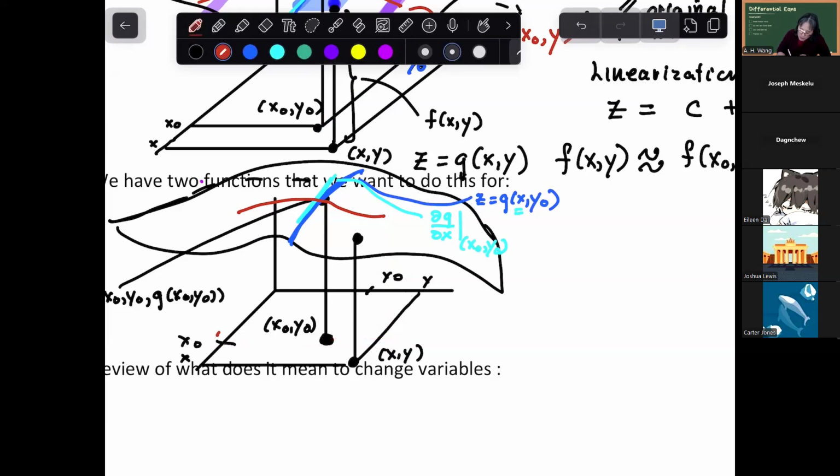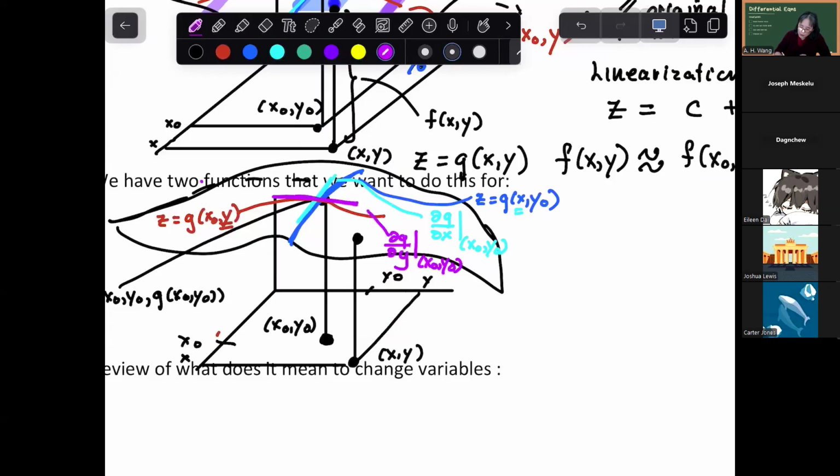So this is going to be z equal g of x naught, y. Again, you can see this is a function of one variable, and here is the tangent line right here. Its slope is partial of g with respect to y, evaluated at x naught, y naught.